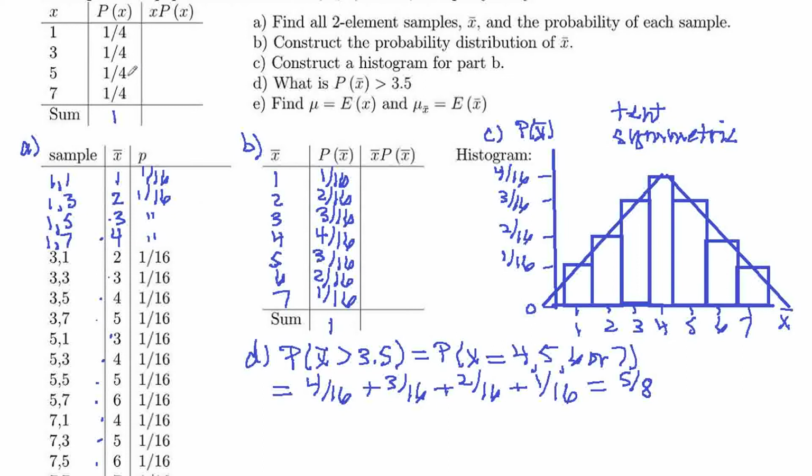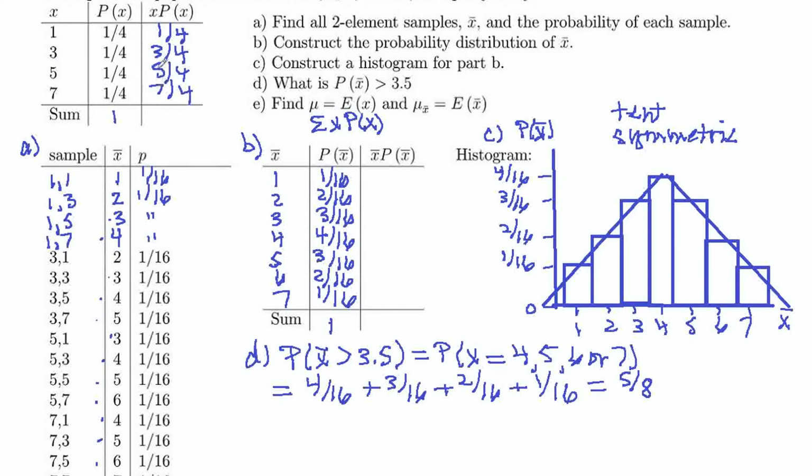So remember here that mu, which is the expected value of x, is the sum of x times probability of x. I added my x p of x column here, so we just need to multiply across and then sum. So 1 times 1/4, 1/4, 3 times 1/4, 3/4, 5 times 1/4, 5/4, and 7 times 1/4, 7/4.